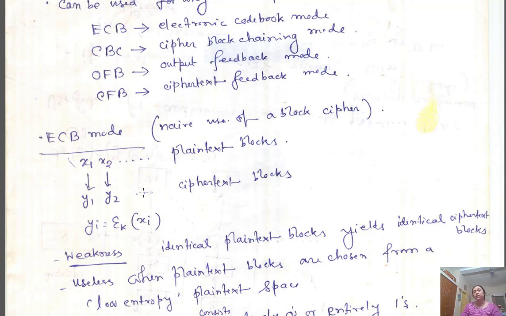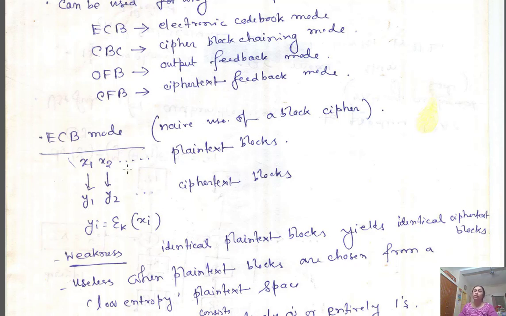Another thing is called diffusion, where we want to hide the structure of the plain text, meaning the plain text-ciphertext relationship. We want to hide the plain text-ciphertext relationship. That is called diffusion, and for that we use shuffling or permutation. So for confusion we use substitution, and for diffusion we use permutation.